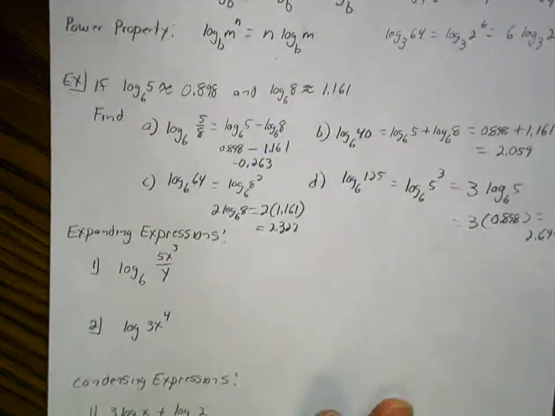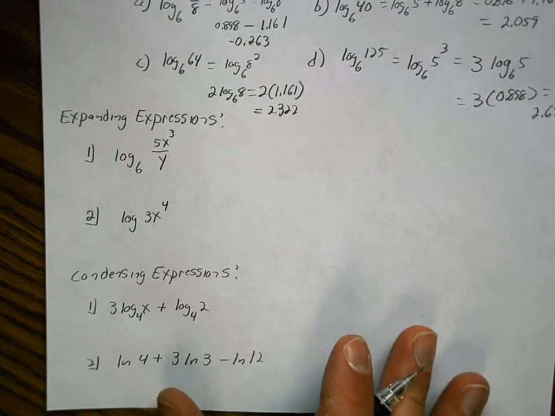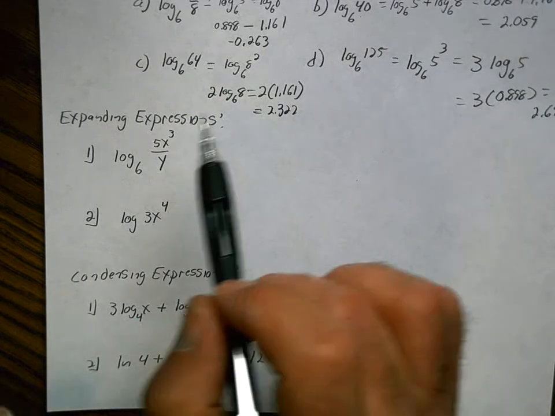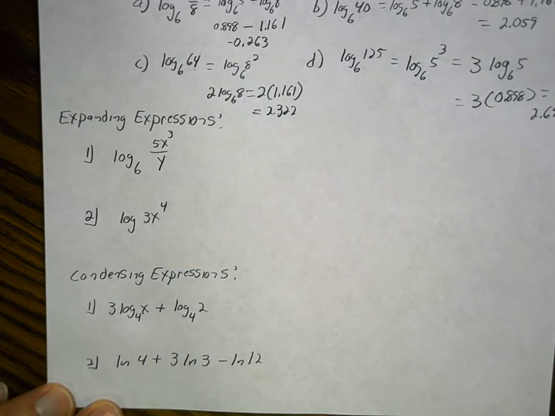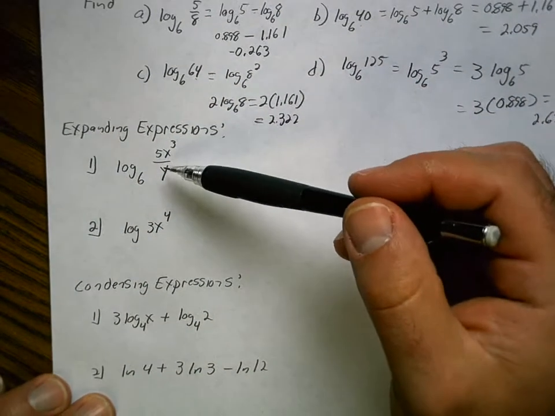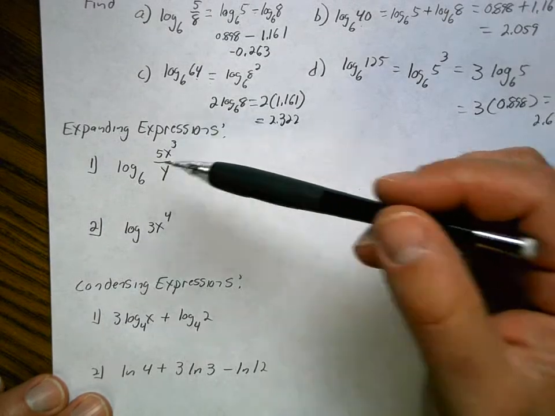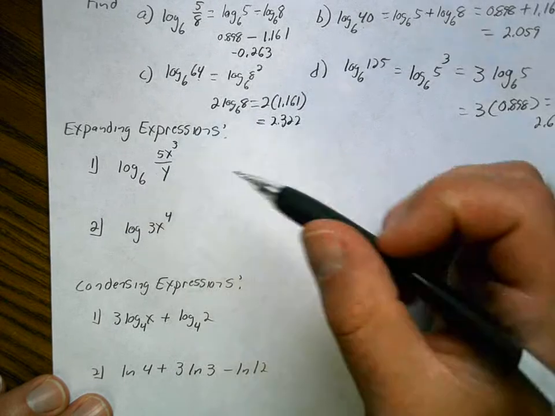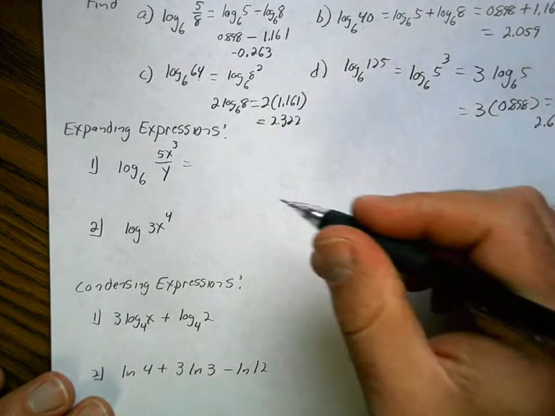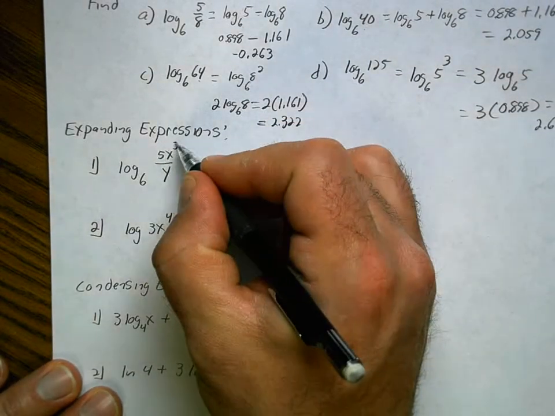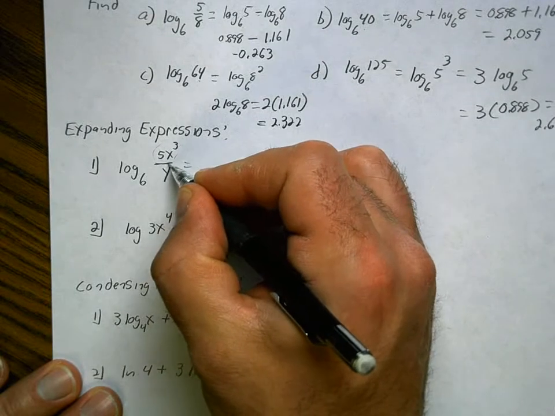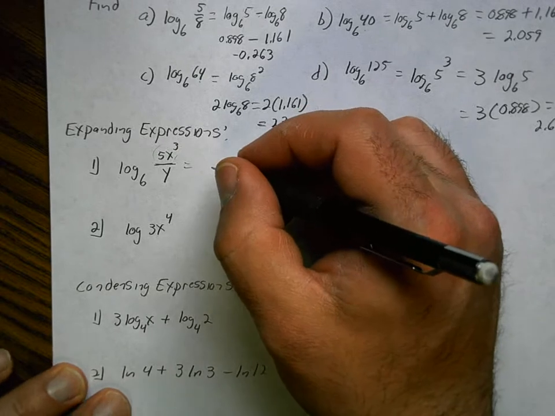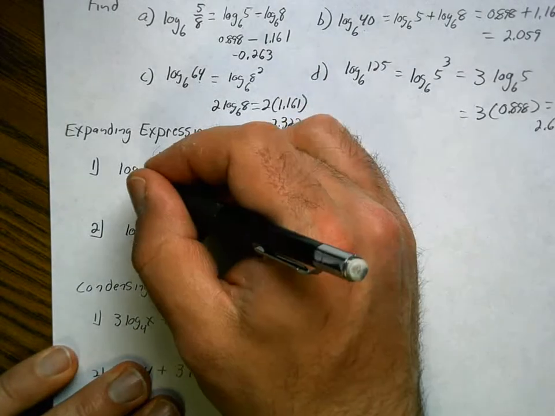We can also apply it to simplifying expressions, expanding expressions and condensing expressions. If I want to expand an expression, I want to make it larger, so I want to take it from one logarithm to multiple logarithms. I can use these properties. I have multiplication combined with division, so I can apply the product property and the quotient property here.